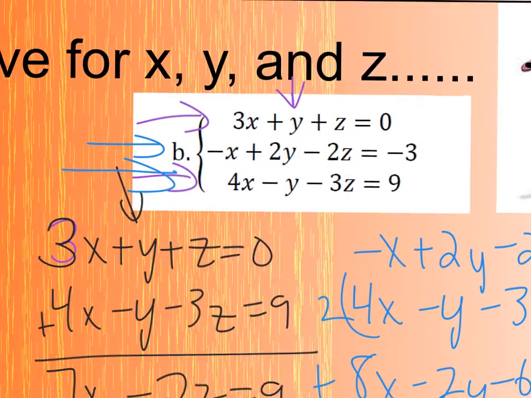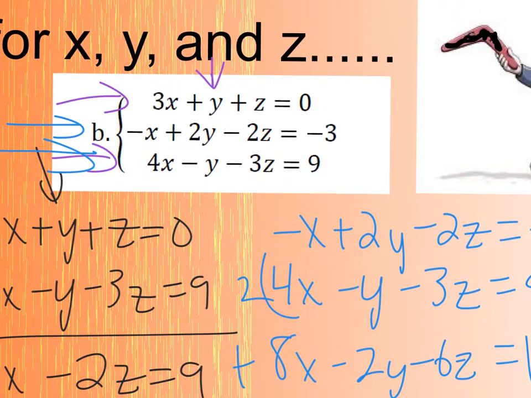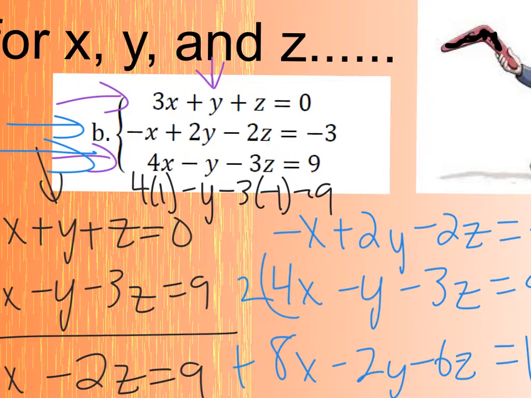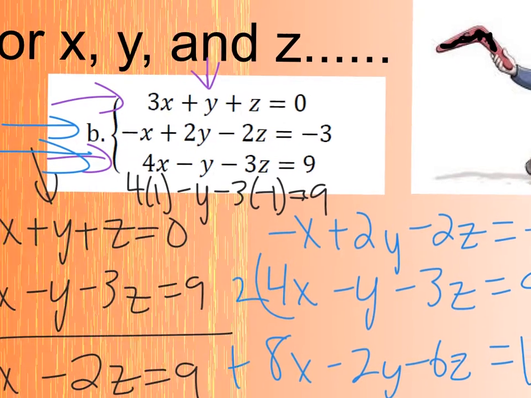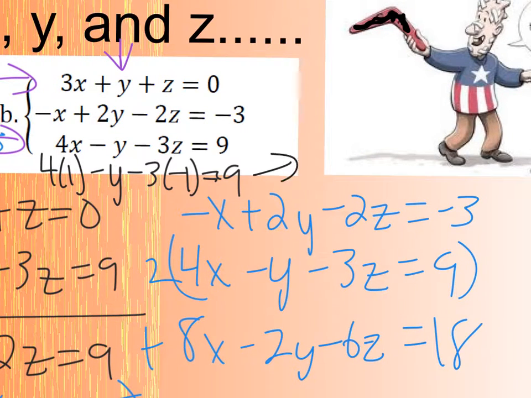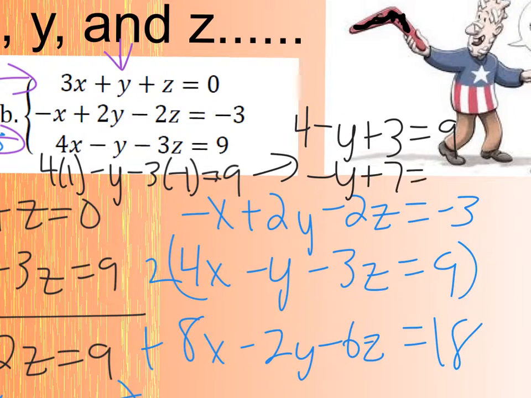So to go back and figure out y, x is 1, z is -1. So that's 4 times 1 minus y minus 3 times -1 equals 9. So if I bring this over, let me work it this way. So that's going to be 4 minus y plus 3 equals 9. Negative y plus 7 equals 9.